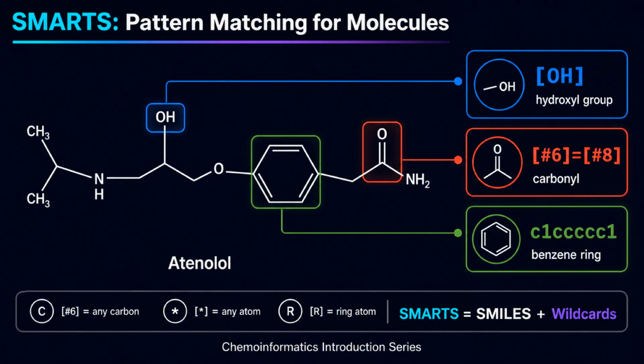Wildcards make SMARTS flexible. #6 means any carbon regardless of hybridization, * means any atom, R means any ring atom. This is incredibly powerful for virtual screening. You can search millions of molecules for specific functional groups or pharmacophores in seconds.